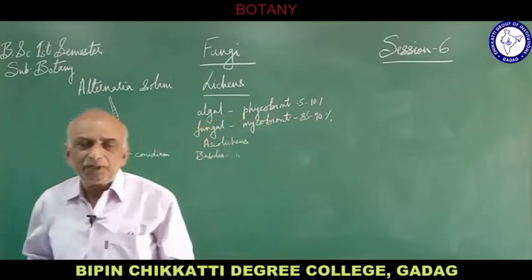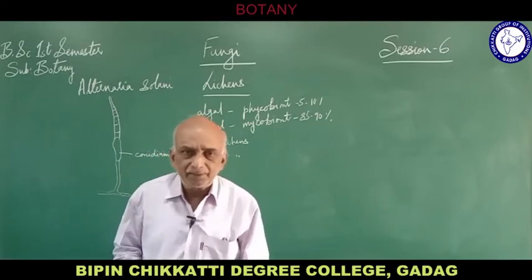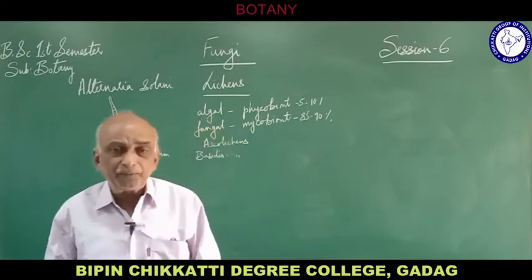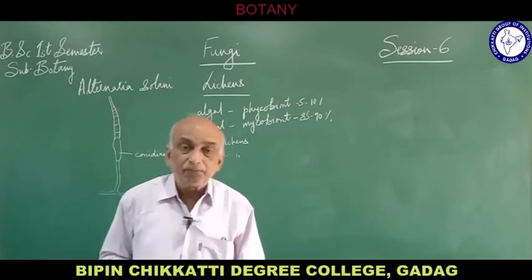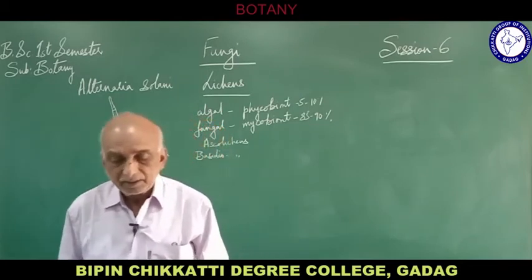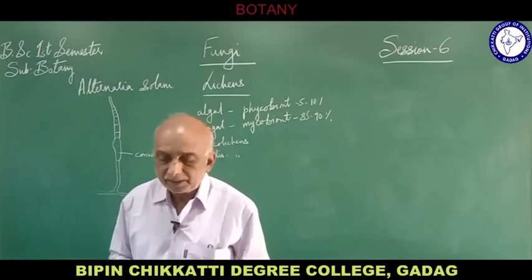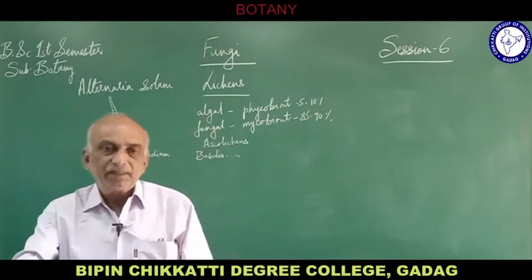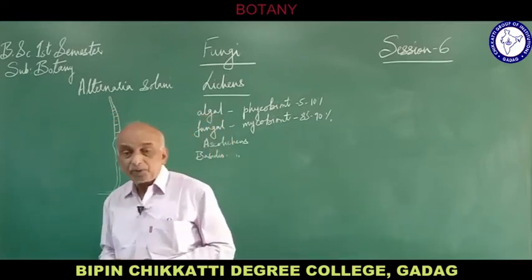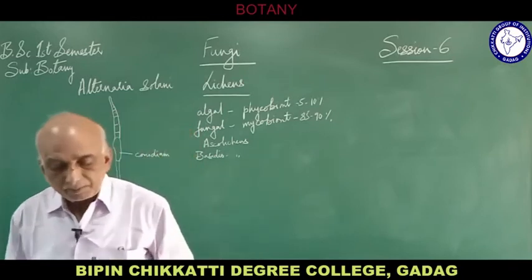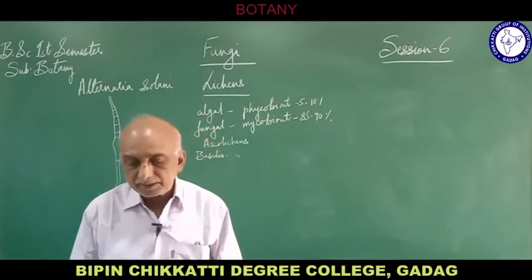But the algal component is usually chlorophyll containing. There is no difference in what type of algae is present in the lichen. But depending upon what type of fungus is present, we can classify the lichens into ascolichens, where the fungal component is an ascomycete, and if the fungal component is a basidiomycete, it is basidiolichens. Like that, this is one classification.